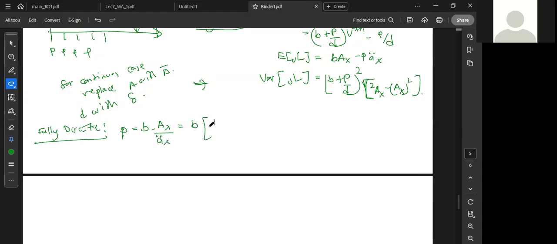So then it is the same as this, or you can replace everything. Here you have only the annuity value, and here you have only the present value of the benefit. And the variance will be P squared times the variance of the whole life annuity.